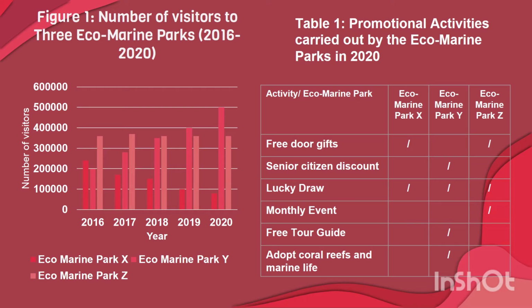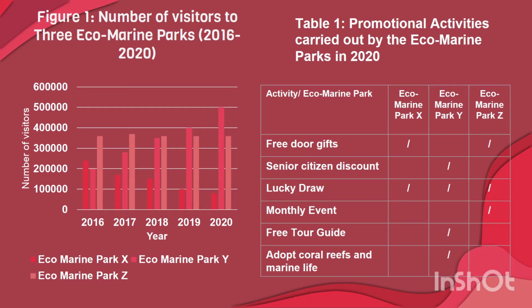Alright, please observe the values on axis Y and X. Y is about the number of visitors, whereas X is about the year from 2016 to 2020. The total number of years is 5 years. Okay, the key feature. What is the key feature? You have eco-marine park X, eco-marine park Y, and eco-marine park Z. There are 3 key features here.